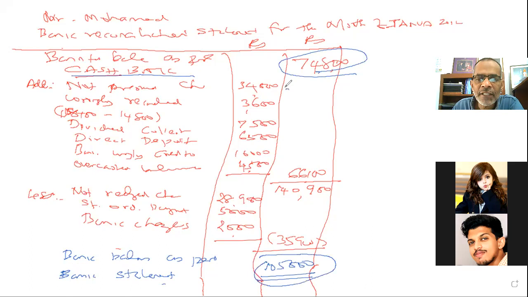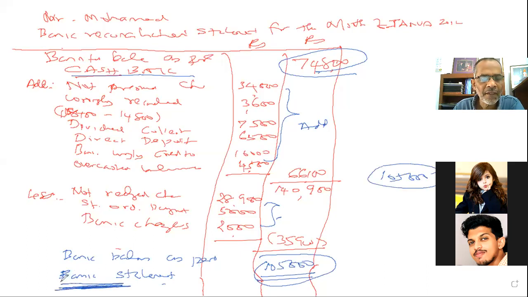After adjusting for these adjustments, some items I have added, some items I have deducted, then I have found 105,000 is the what balance? Bank statement balance. Therefore I have used the cash book balance to find the bank statement balance.